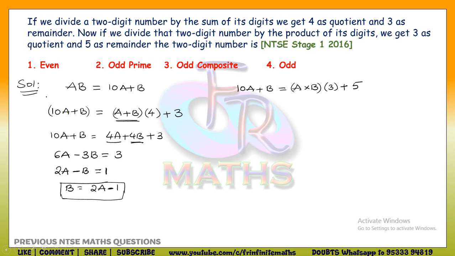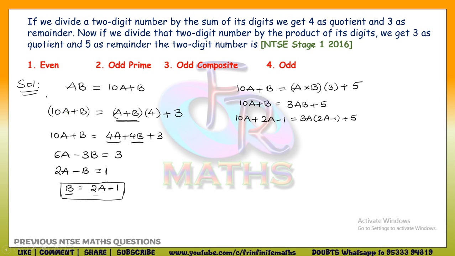By using the division algorithm, 10A plus B is equal to 3 times AB plus 5. Now I can replace B so that I get everything in terms of A: 10A plus 2A minus 1 is equal to 3 times A into 2A minus 1, plus 5.